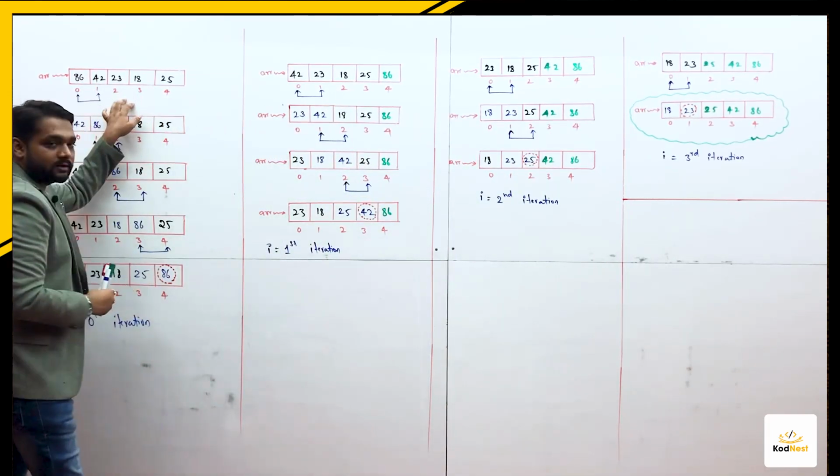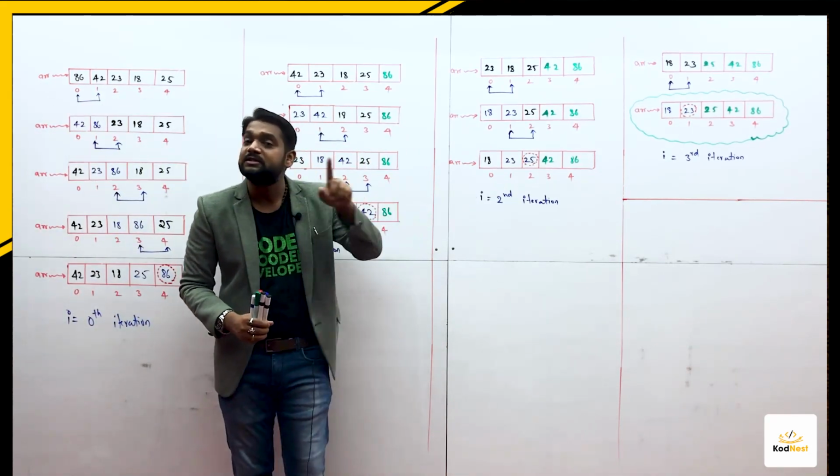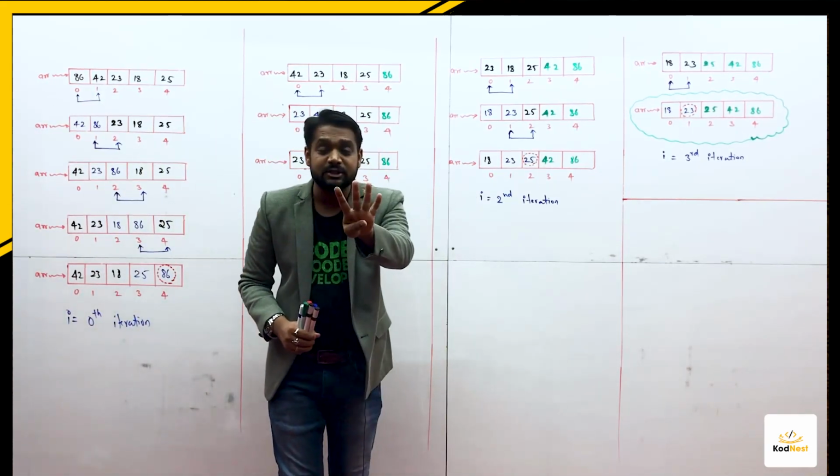5 elements are there. How many iterations did I take to sort the elements in the ascending order? 4 iterations I took.